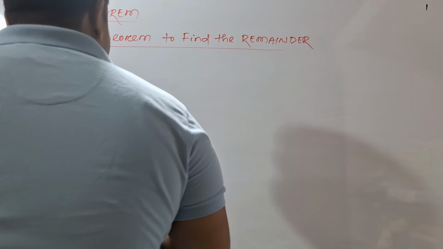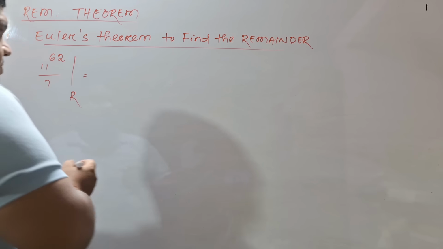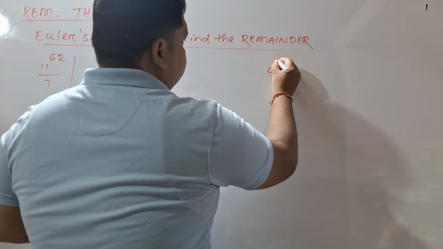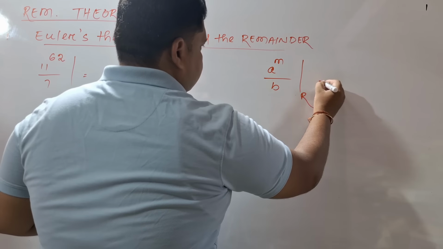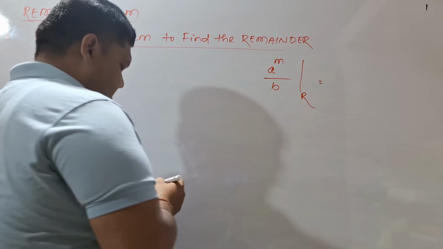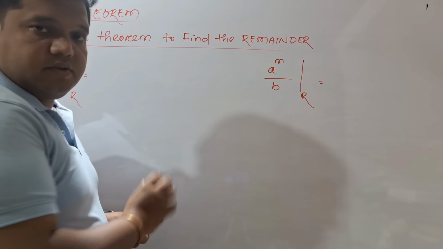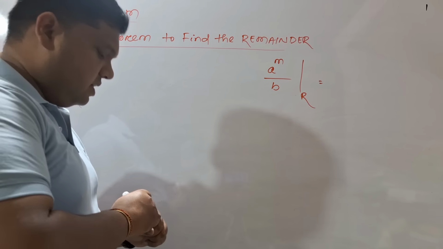Now, the approach. Where can you apply Euler's, and what is the structure? Whenever the question is in this way, a to the power m divided by b, find the remainder, means the dividend is a to the power m and your divisor is b. This is the structure, okay? But you cannot apply Euler's theorem directly, it has a certain restriction.